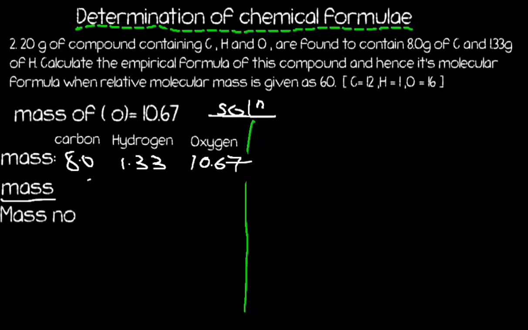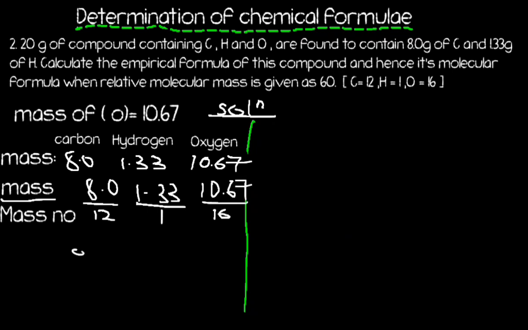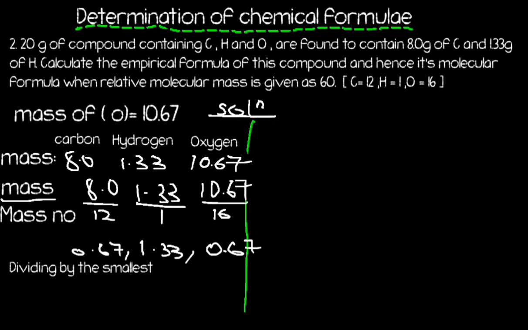Dividing by their atomic masses, 8 divided by 12, 1.33 divided by 1, and 10.67 divided by 16, we calculated and had 0.67, 1.33, 0.67. Then we divide by the smallest, which you can see is 0.67.